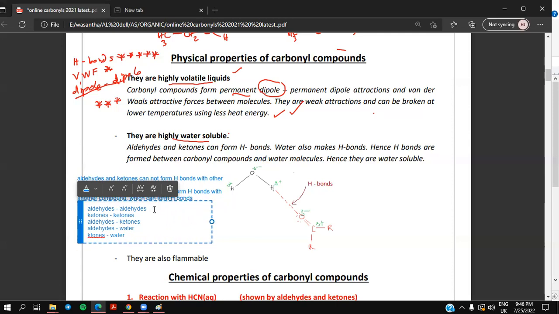Between aldehyde molecules, no hydrogen bonds. Between ketone molecules, no hydrogen bonds. Between aldehydes and ketones, no hydrogen bonds. But between aldehydes and water, there are hydrogen bonds. Between ketones and water also, there are hydrogen bonds.